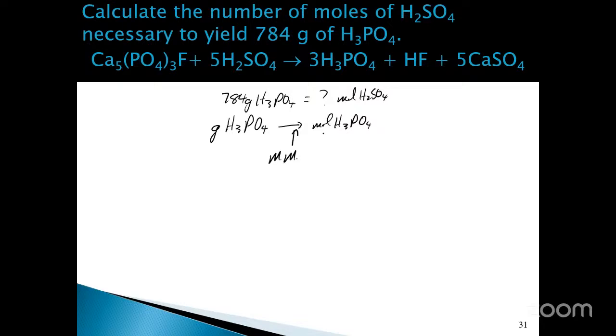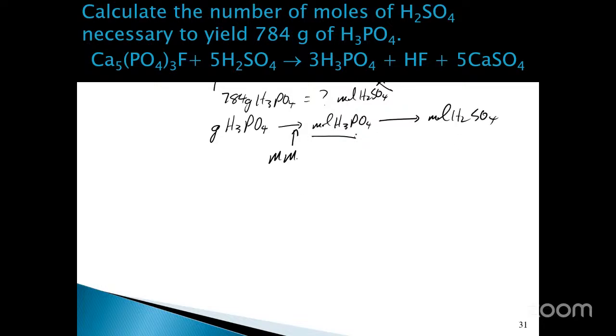The reason why we need to get the moles is because, based on what is given here and here, the coefficients of the two substances involved are related by moles, right? So you cannot just go from grams of one substance directly to the moles of the other substance. What you have to do is convert the grams of the phosphoric acid to moles, and then you multiply by the conversion factor, which allows you to calculate the moles of sulfuric acid from the moles of phosphoric acid, right?